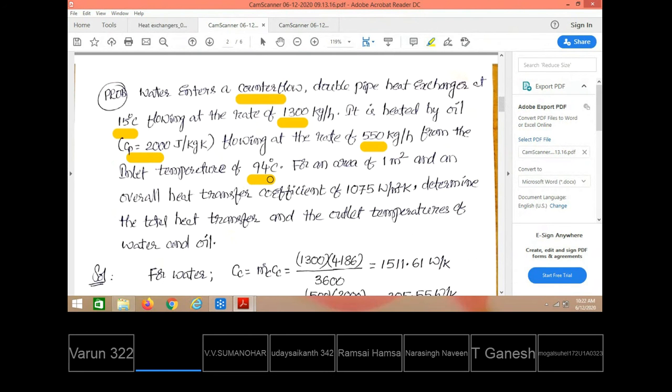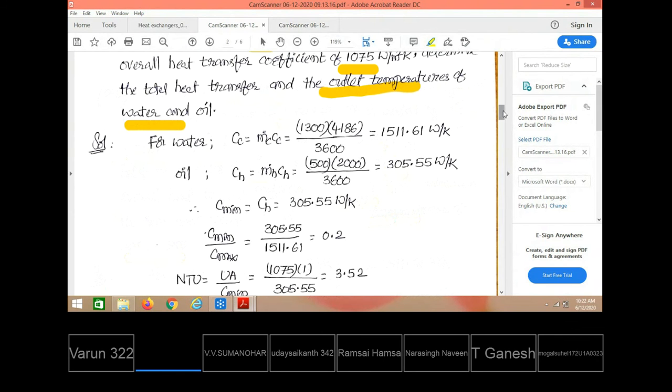So THI is given, TCI is given. There is no information about TH0 and TC0. Therefore, the LMTD method cannot be used. Only the NTU epsilon method has to be used. Suppose the heat exchanger has 1 meter square of area with an overall heat transfer coefficient of this much, then they are asking you to calculate the outlet temperatures of water and oil while it is working as a counterflow heat exchanger.